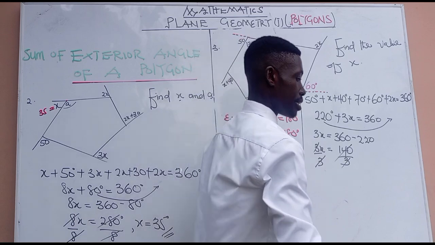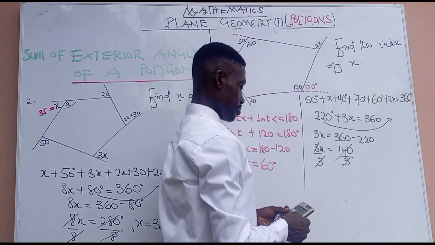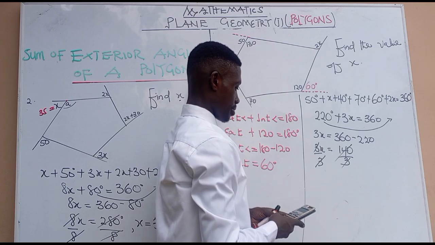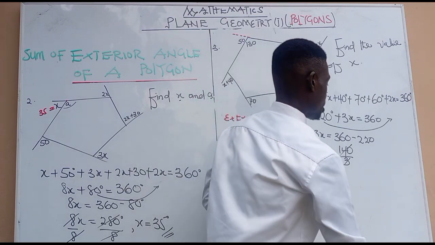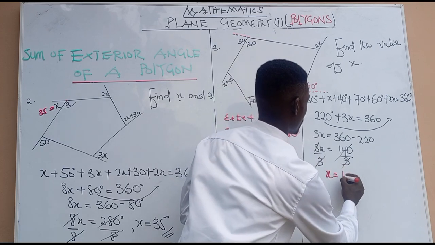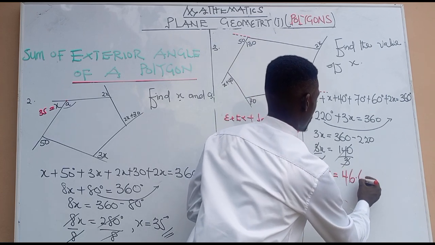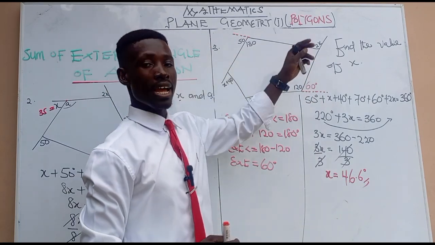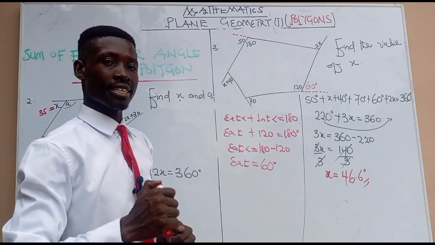When you punch the calculator, 140 divided by 3, we have 46.6. So we have our x is equal to 46.6 degrees. And that is the value for x. Very, very simple.